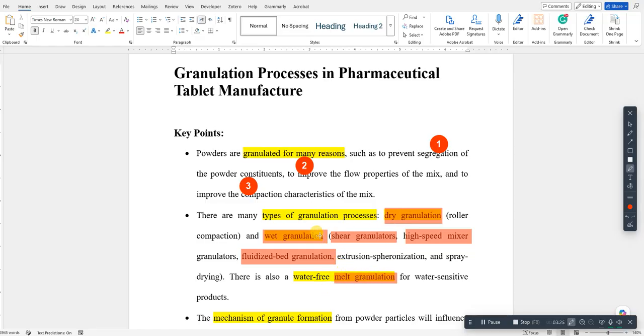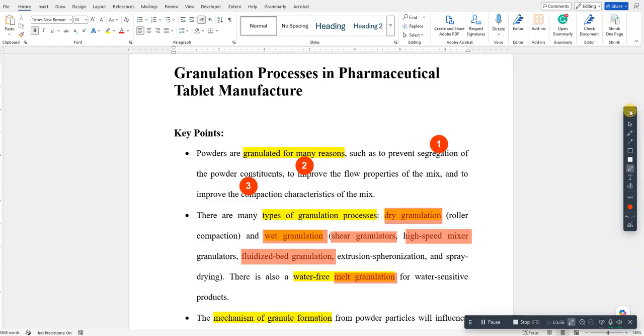So here we have three types of granulation process: dry granulation, wet granulation, and melt granulation. In melt granulation, I have to add here that they usually use it when they want to control the release of the drug from the granules or from the prepared tablets. Okay, so there is a controlled drug release.